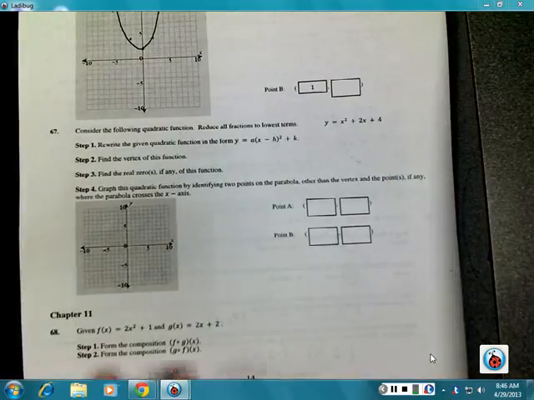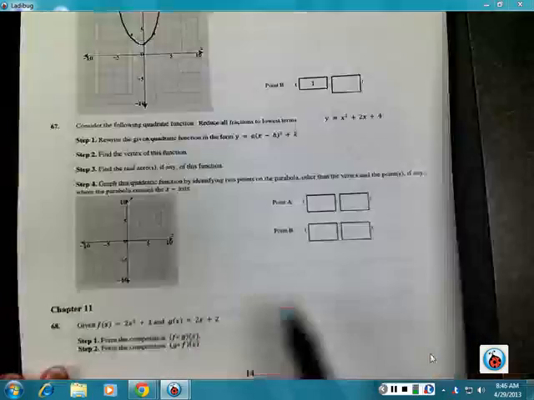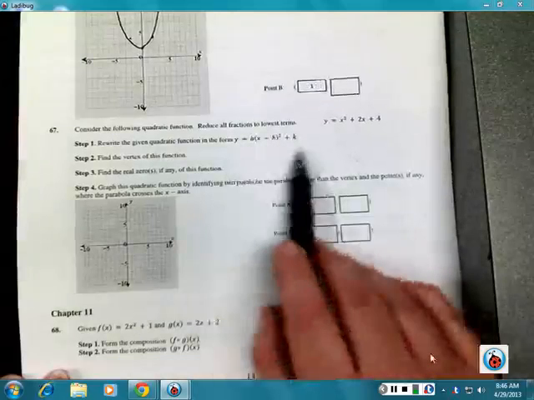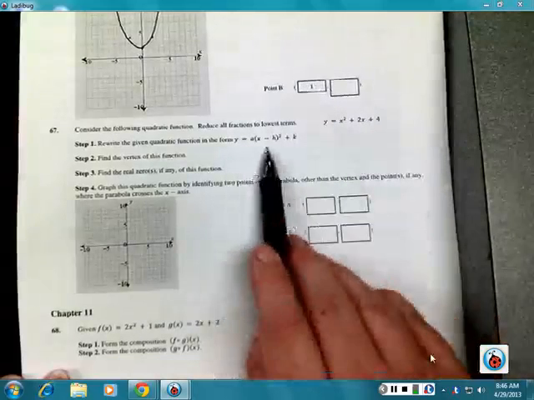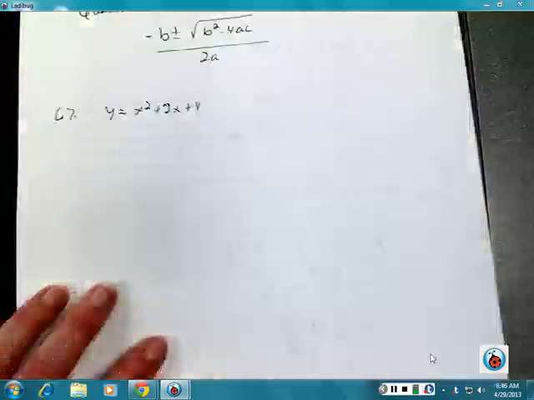these now. Oh, but that one you got to get in this format, so maybe we better do that one. If I got to get it in this format, how do I get that to look like that? So if I have, this is 67, y equals x squared plus 2x plus 4, how do I get it looking like that?